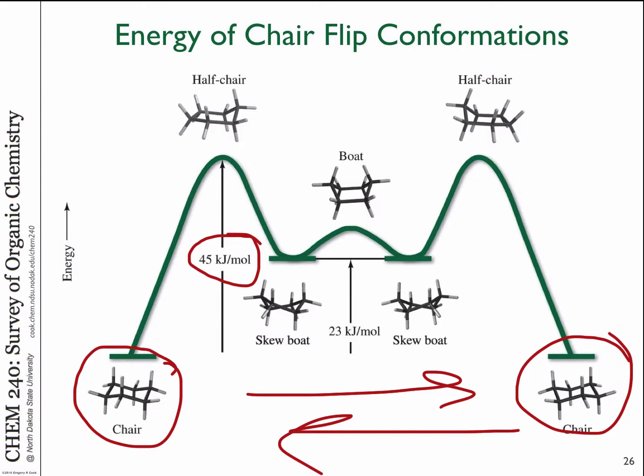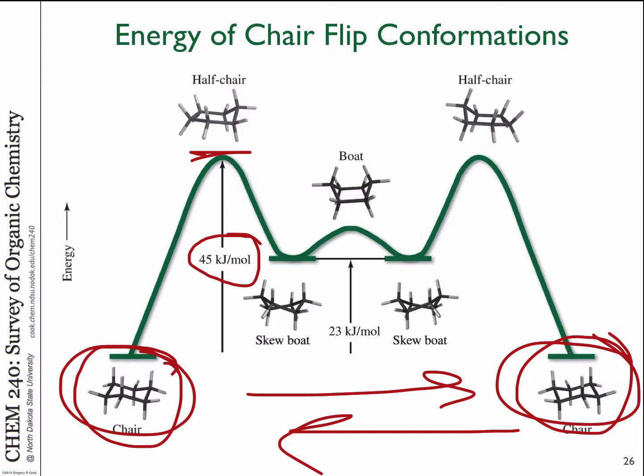It's a pretty big difference in energy to that highest point. So when we're considering reactions and structures of cyclohexane molecules, it really is these chair structures that we need to pay attention to because they are the lowest energy ones and the most likely conformations.